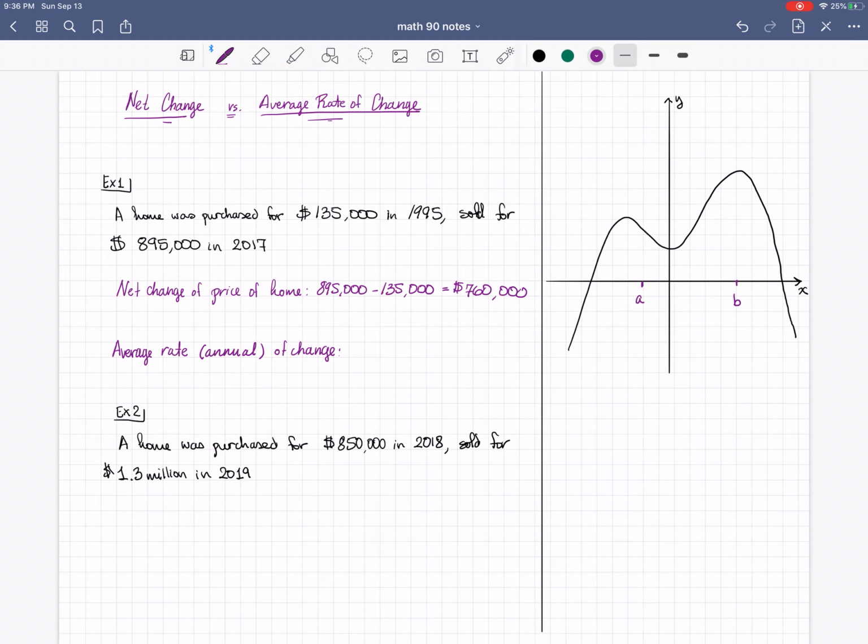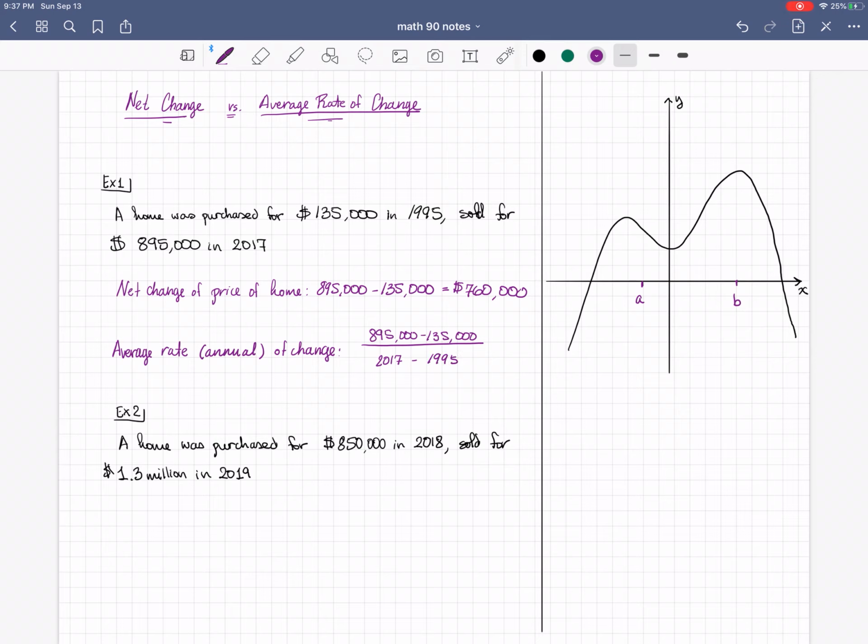So, whoever bought and sold this home sold it for $895,000 and bought it for $135,000. They are walking away with $760,000, but this took them from 1995 to 2017. So this very large growth in price took place over the course of 22 years.